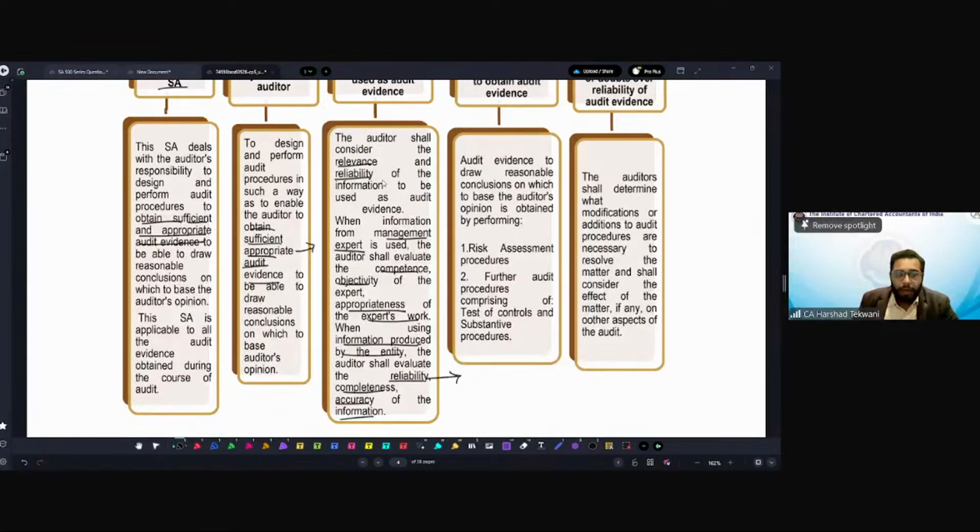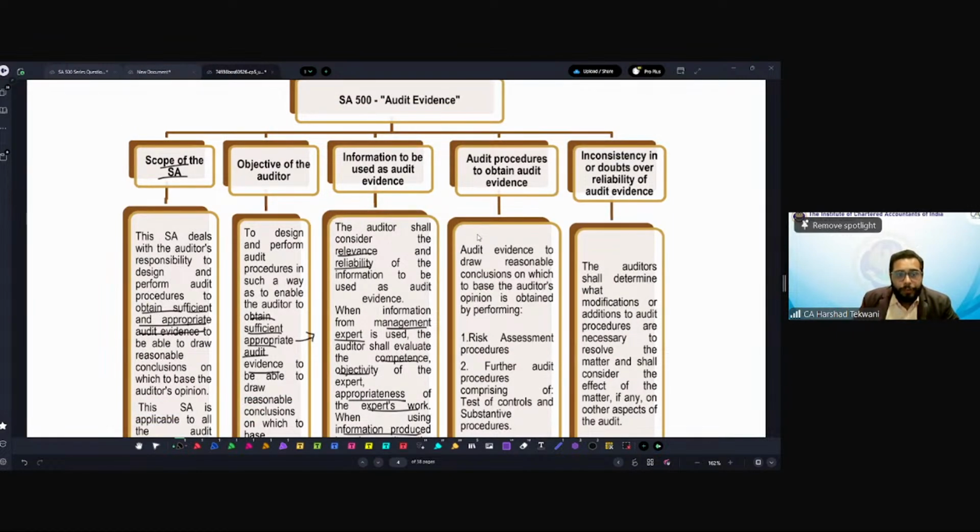Reliability is whether that information is reliable based on other testing. Completeness is about the source data. Accuracy is about the logic. You need to check all these things in order to understand the information produced by the entity. Only then can you understand whether you can rely on it.